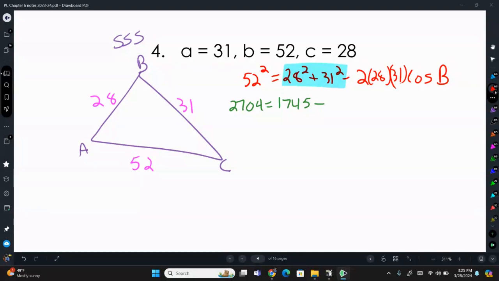So 2 times 28 times 31 is 1,736 times the cosine of B.